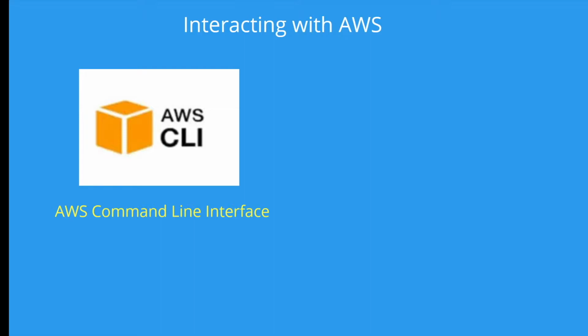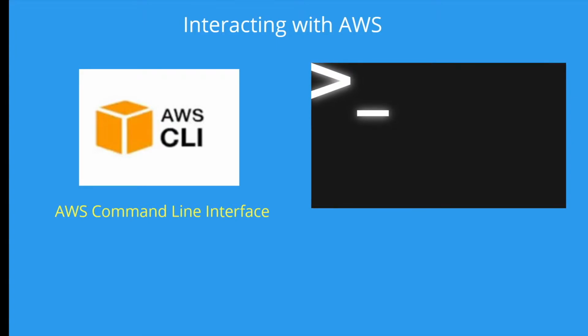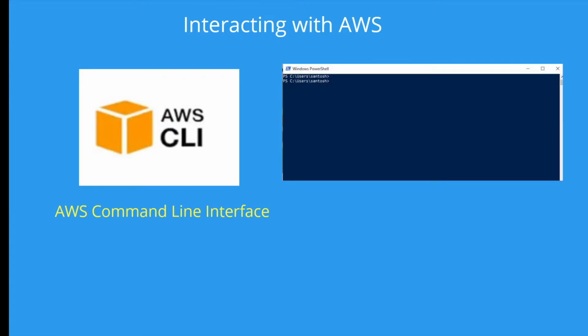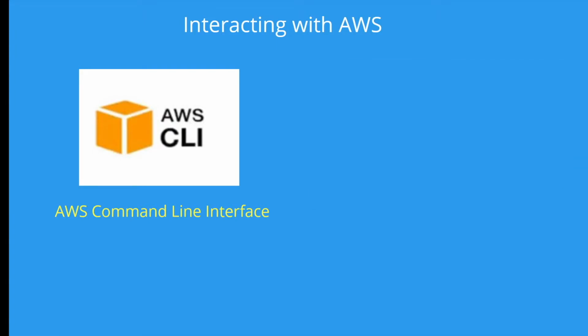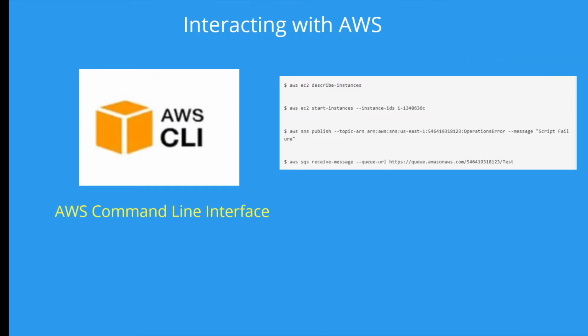You just download and configure one tool and you can control multiple AWS services from the command line and automate them through scripts. You can use Linux shell programs like bash to run the commands, or in Windows you can use Windows PowerShell or command prompt. Or you can also run commands remotely through remote terminal programs like PuTTY or SSH.